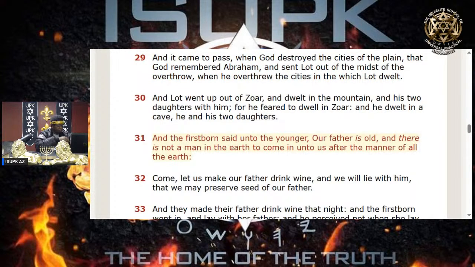So this is the Book of Genesis, the 19th chapter, verse 31. Right, this is where we'll show you how the name or the tribe of Moab and Ammon comes from. The Book of Genesis, chapter 19, verse 31.